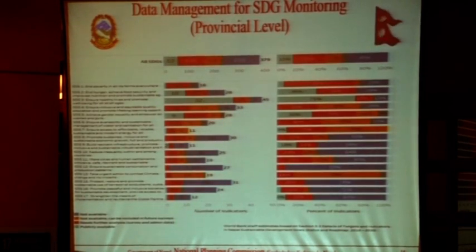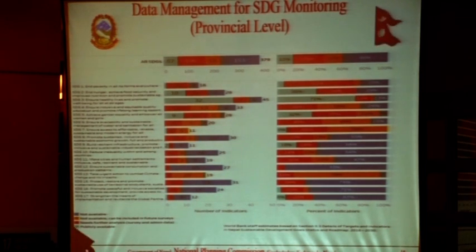My previous speaker also mentioned data management and some challenges. These are challenges for us too. Basically, we have 479 targets and about 100 indicators. We do not have the data even at the central level. At the provincial level it is even harder to find data: about 40% we do not have the data, and 17% of data are not available but we could include them in future surveys.